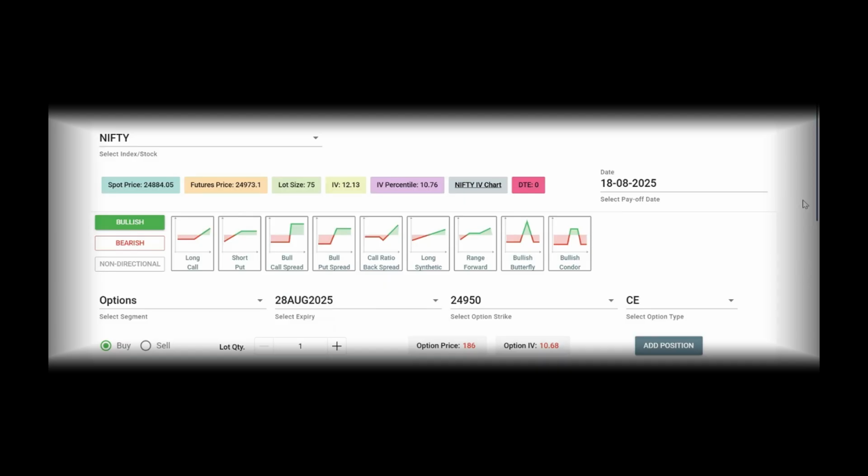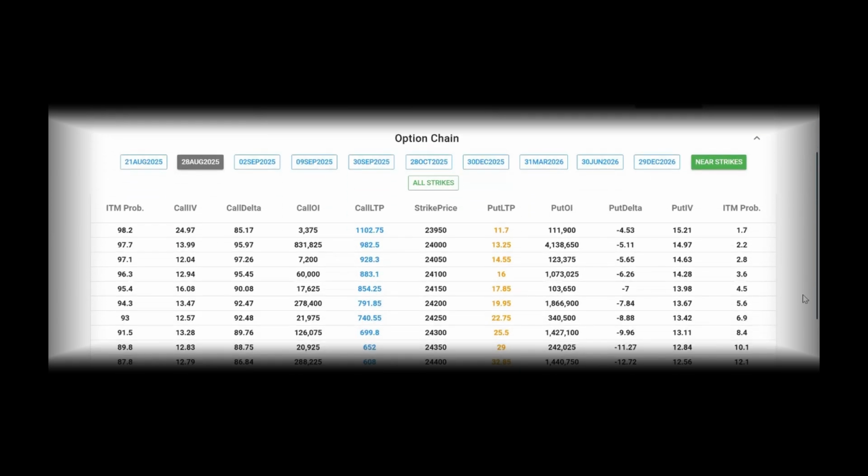Okay, so now this chart by itself, I have seen that it puts off several people because it certainly looks complicated, but once we get familiar with the data and how it is represented, then it makes our life easier.